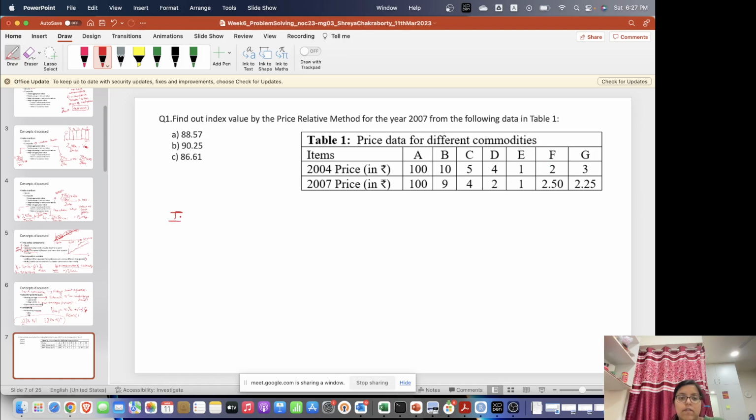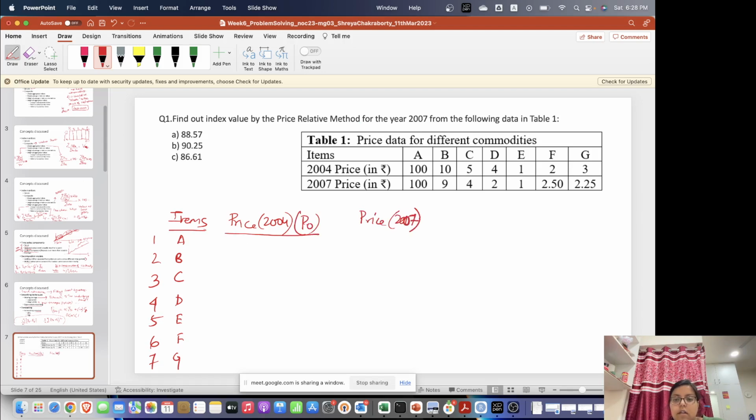So we have 7 items in total, and their prices in 2004, we can assume this to be our base price, and prices in 2007, this can be our current price.